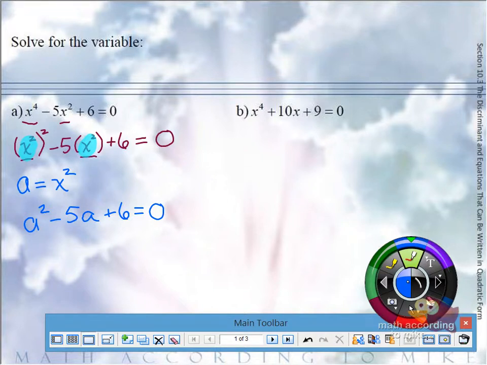So what we did was a substitution. The purpose of the substitution is to make the problem look easier. This is something that we're much more used to than the original problem. And now we solve under the guise of the substitution. How does a squared minus 5a plus 6 factor?